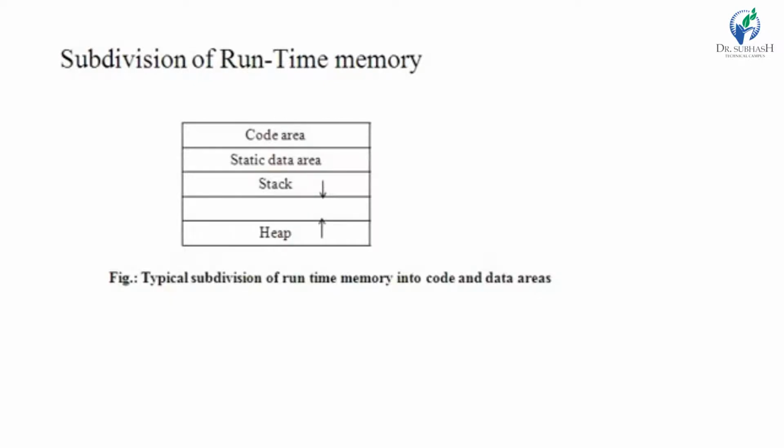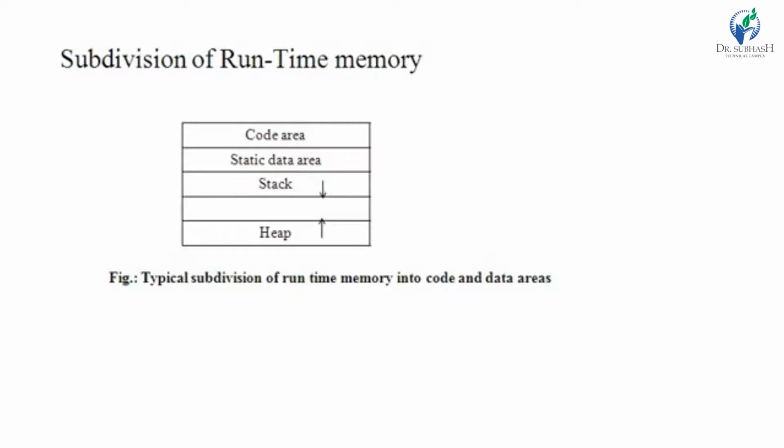The compiler demands a block of memory from the operating system. Whenever you have to execute any program, at that time the compiler demands a block of memory from the operating system. The compiler utilizes this block of memory for executing the compiled program. This block of memory is called runtime storage.